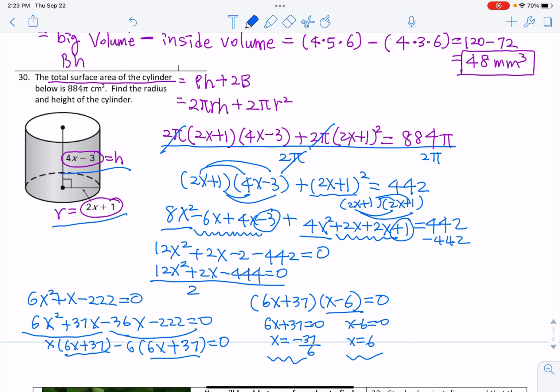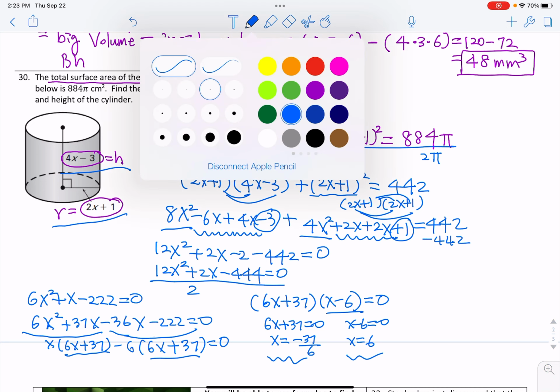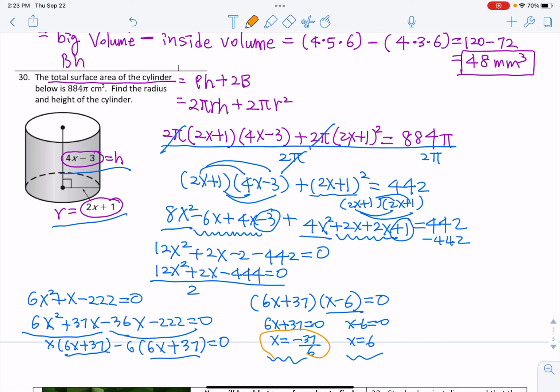So negative 37 divided by 6, put it into the 4x minus 3, and if I plug this value in, 4 times negative 37 over 6 minus 3, I will get negative 27 and 2/3, which cannot be proper for the height, so I cannot choose this one as an answer. So I have to choose x to be 6.